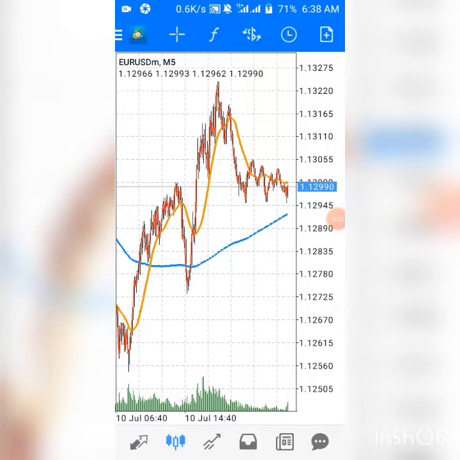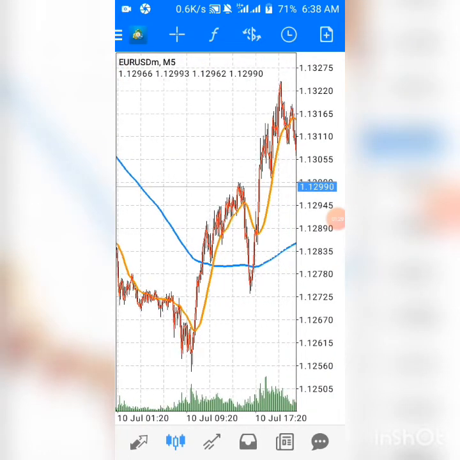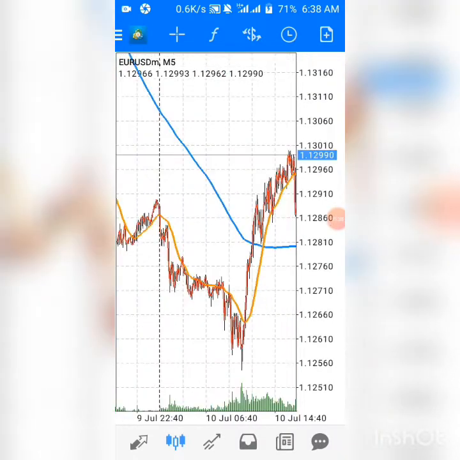Now, on the screen we have the MetaTrader 4 application on my mobile phone, and I'm just going to show you how to maneuver the application.